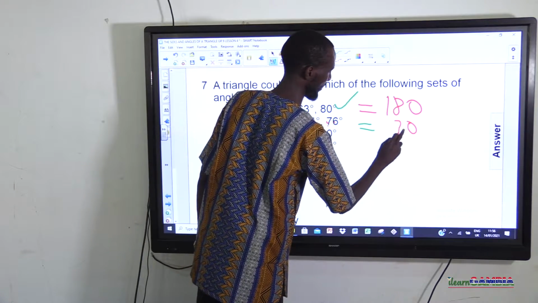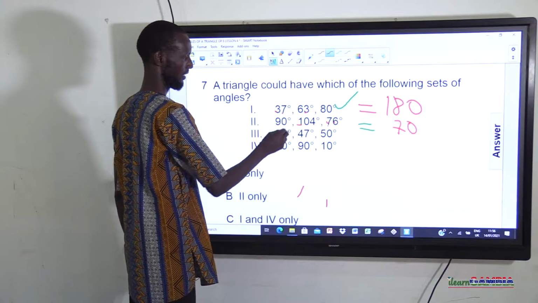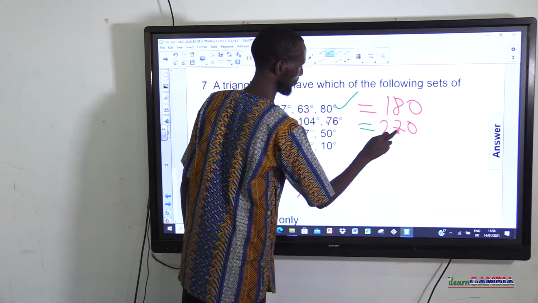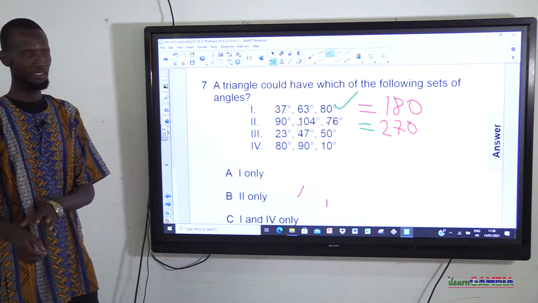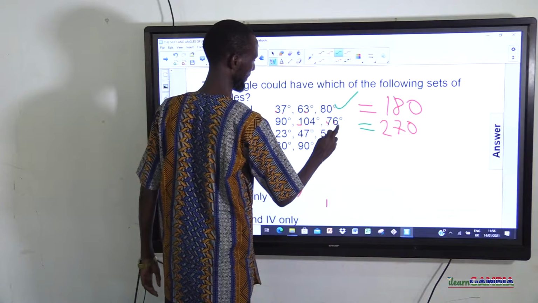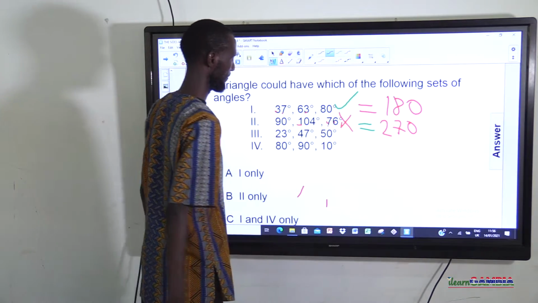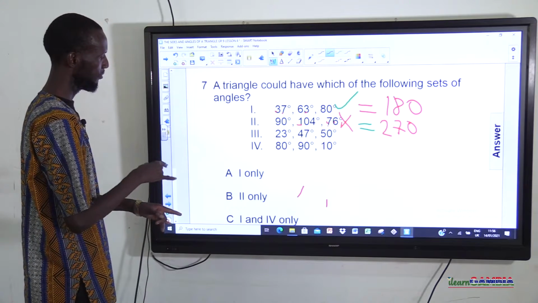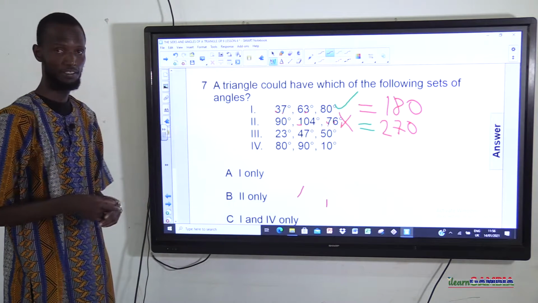That is 7 and carry 1. Then 1 plus the 1 here will give you 270. Again, 270 is not equal to 180. So you can take that off. Not a triangle, okay? Then we move on to the third one, 23 degrees, 47 degrees, and 50 degrees.